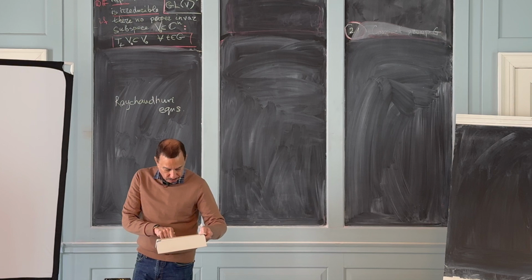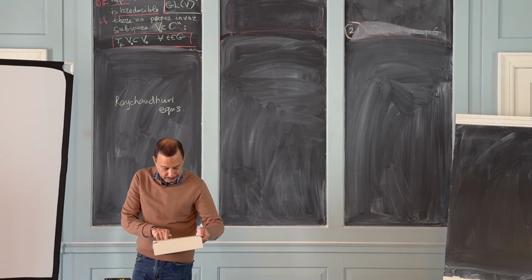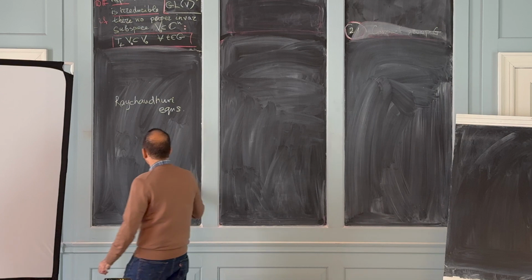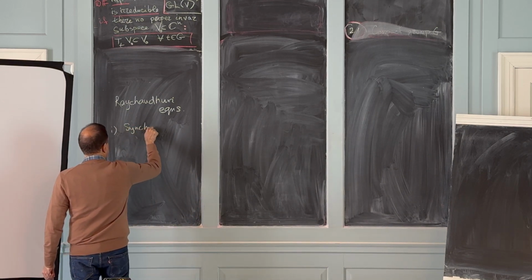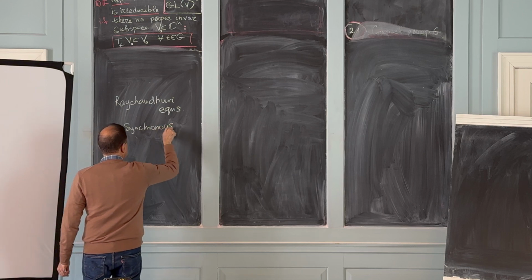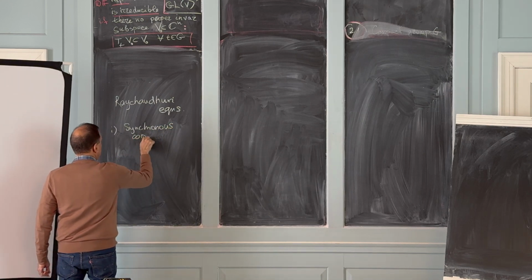Okay, so the first step is to actually define a particularly convenient form of the space-time metric. This is to use coordinates called synchronous coordinates.